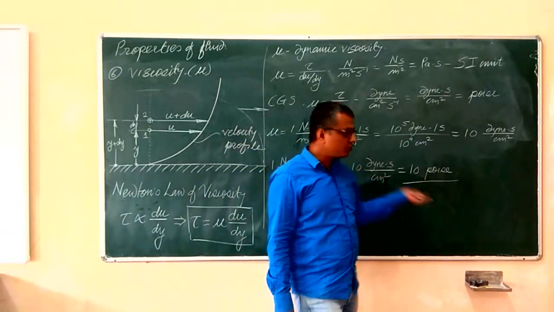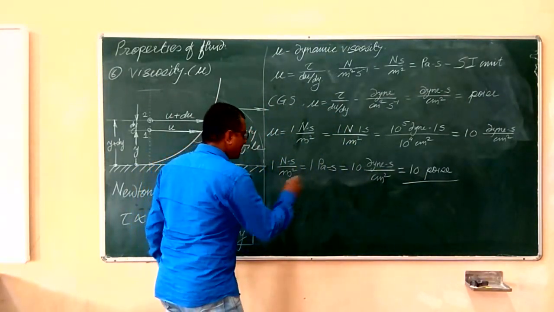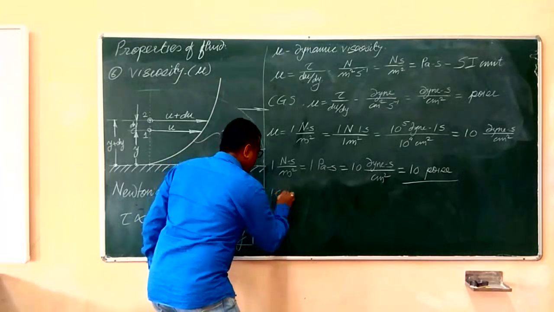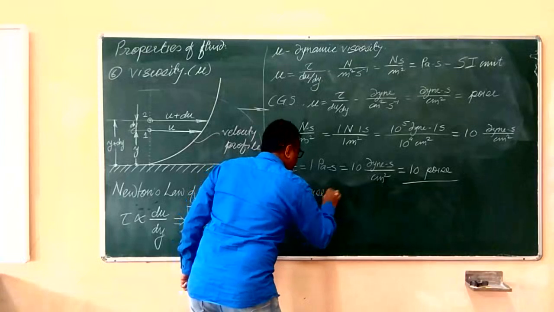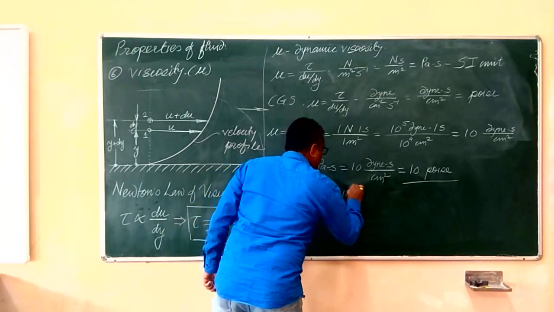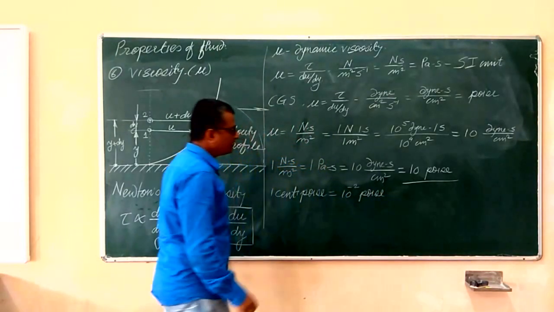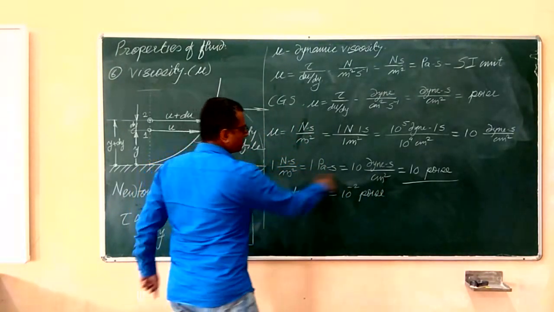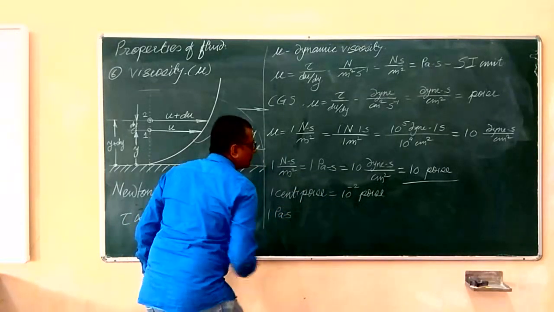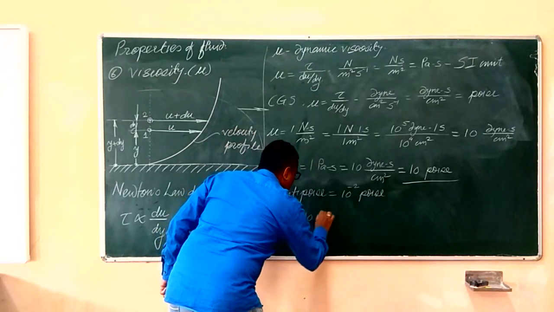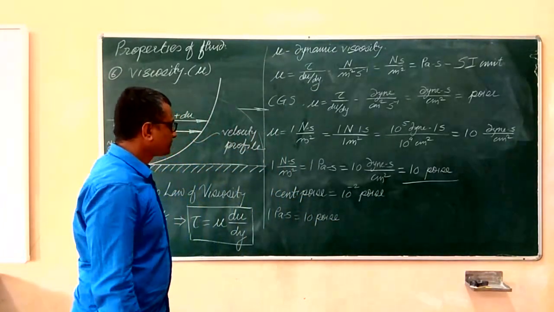So practically the unit we use for the measurement of dynamic viscosity is the centipoise. So 1 centipoise is equal to 10 to the power minus 2 Poise. Right? So once again I would like to write that 1 Pascal second is equal to 10 Poise, right?